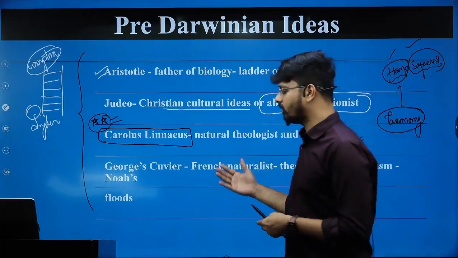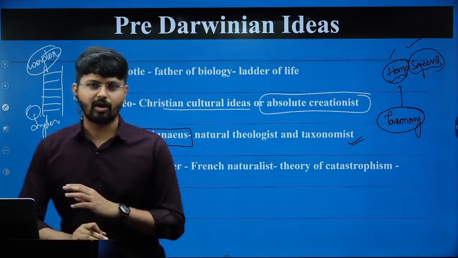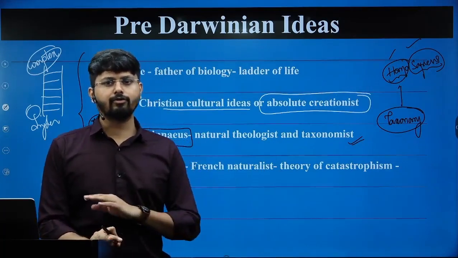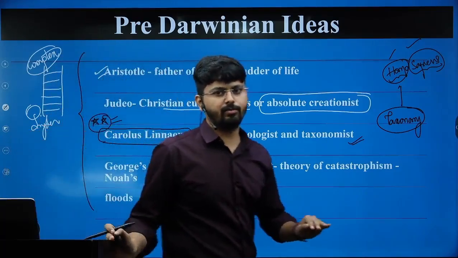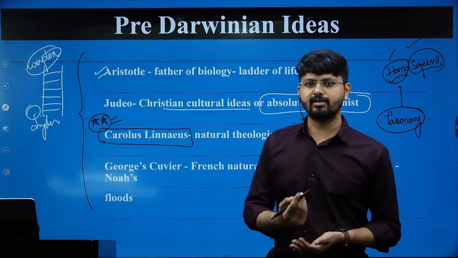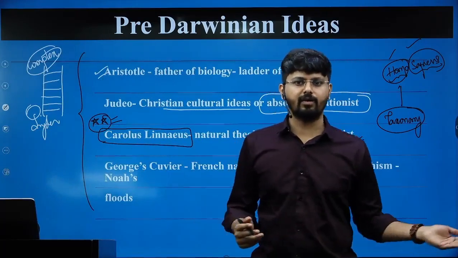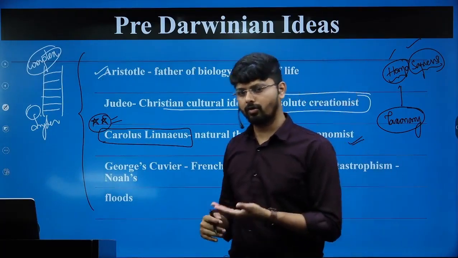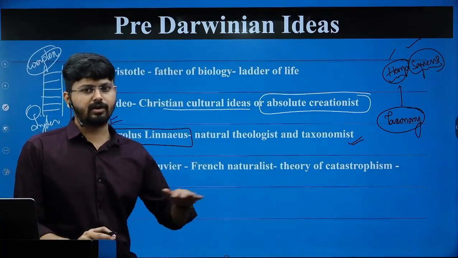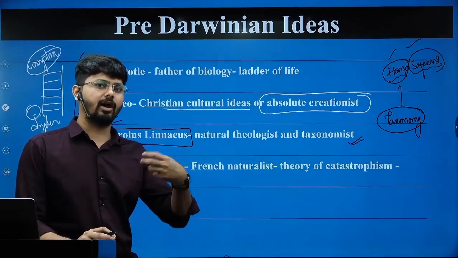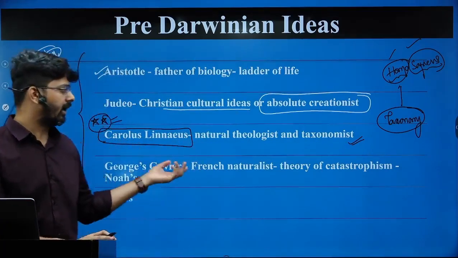Okay, so what they say is that organisms were present, there used to be a disaster, and one kind of organisms is wiped off, and God creates the new organisms, and in that way the next one is wiped off. So in this way there is a catastrophe, and the evolution happens after that. This is known as catastrophism.